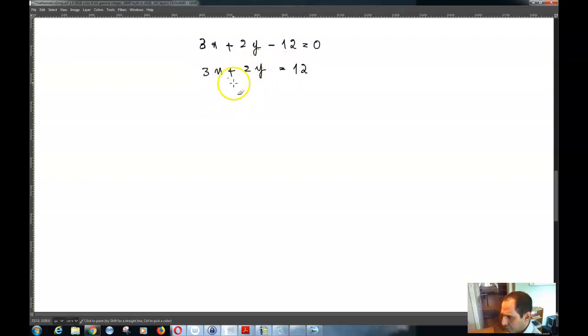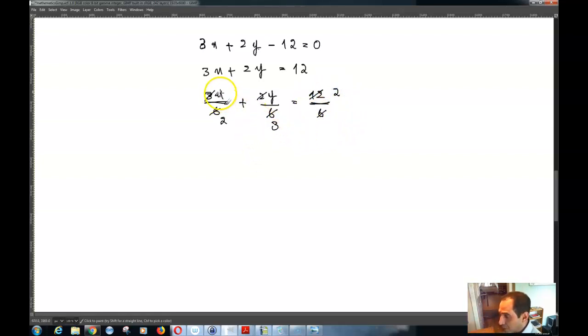Then if you divide by 6, you will get 3x divided by 6 plus 2y divided by 6 is equal to 12 divided by 6. 3 divided by 6 is equal to 1/2, 2 divided by 6 is equal to 1/3, and 12 divided by 6 is equal to 2.